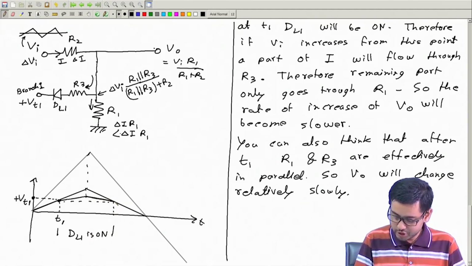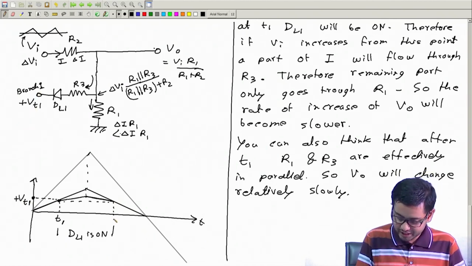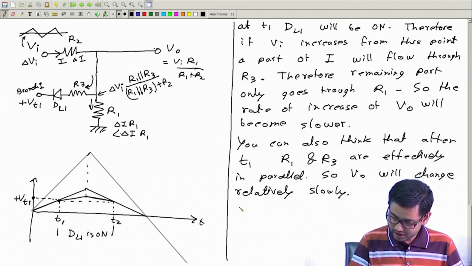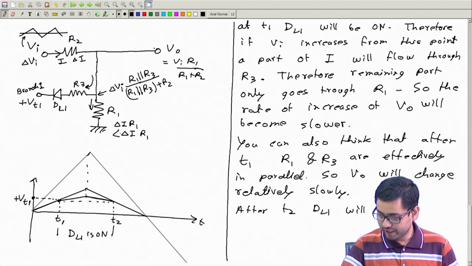After this, when this voltage output goes below this threshold, this diode will be off again. If I call this time T2, after T2, DL1 will be off again.